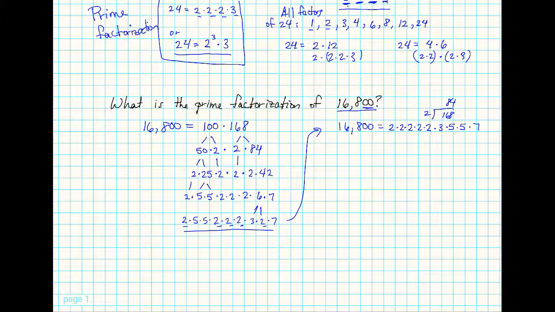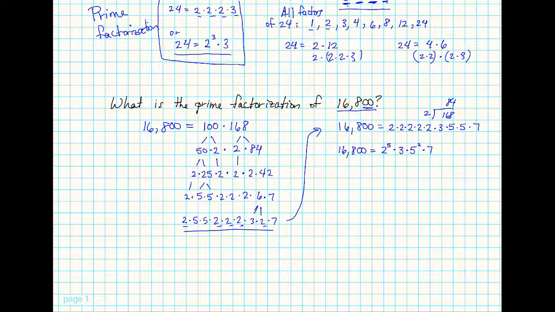So you can write it that way, the long way, or you can write it with exponential notation. We say we have 5 factors of 2, so that's 2 to the 5th power, 1 factor of 3, 2 factors of 5, so that's 5 to the 2nd power, and 1 factor of 7.